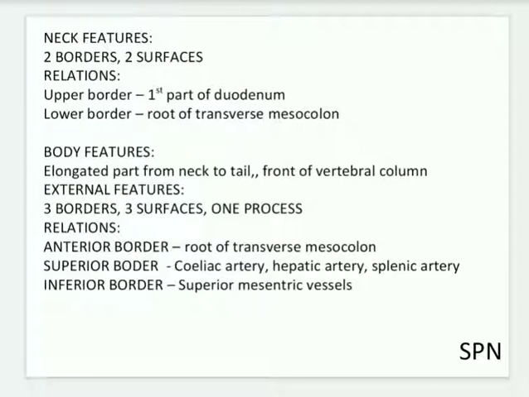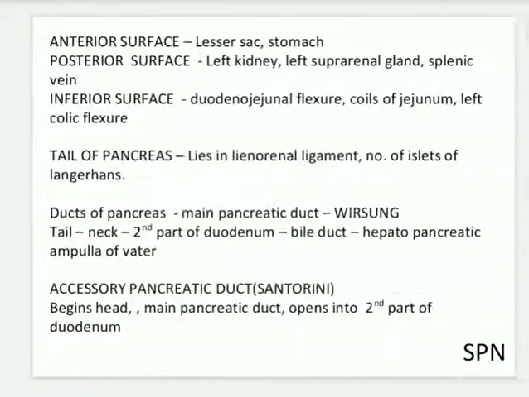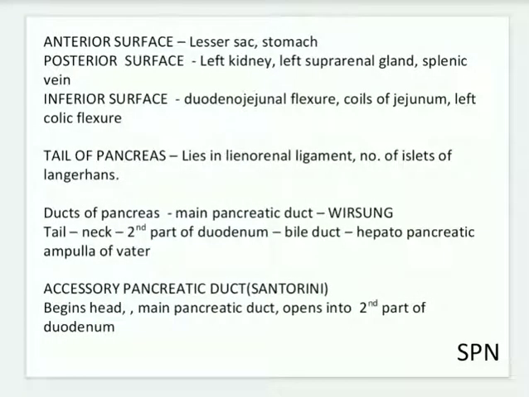Coming to its relations: anterior border, root of transverse mesocolon; superior border, celiac artery, hepatic artery and splenic artery; inferior border, superior mesenteric vessels. The anterior surface has the lesser sac of the stomach.